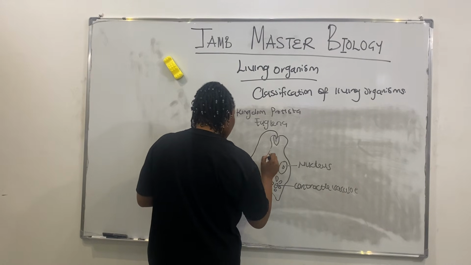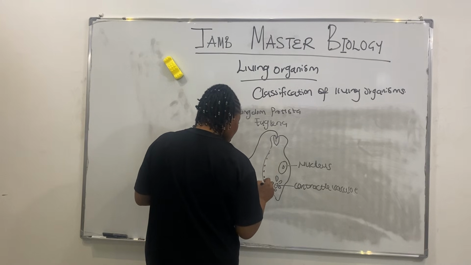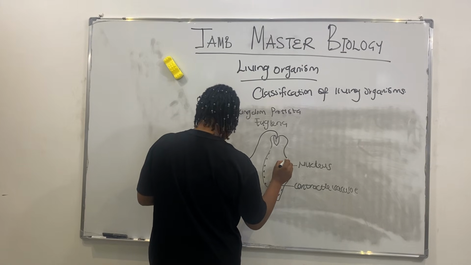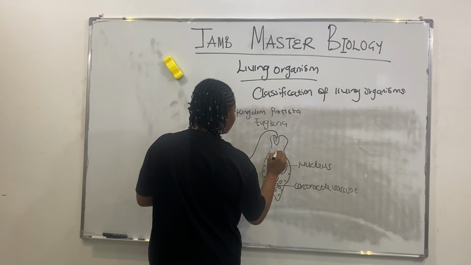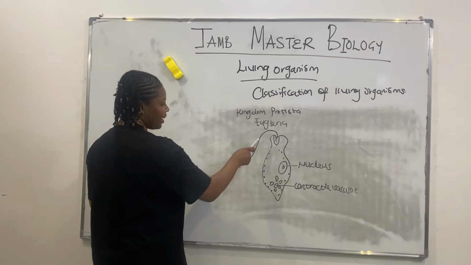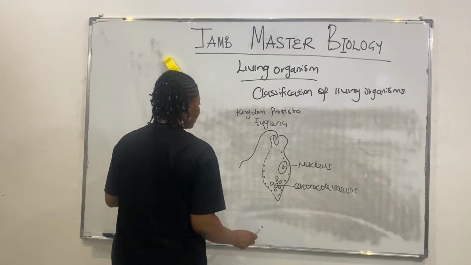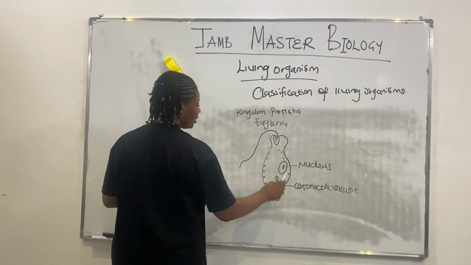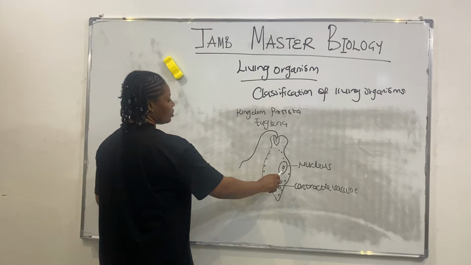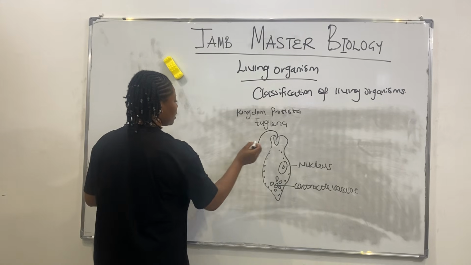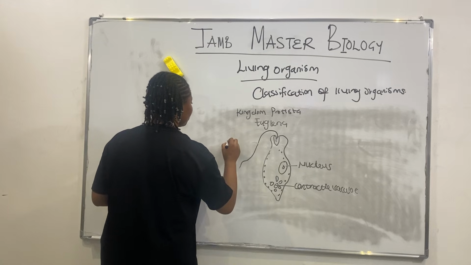Then there are others. I want you to have this, because you know JAMB does something. They can give you a diagram like this and tell you to recognize the label. They can say this is I, this is I, and ask you what this part of the euglena is called. That's why I want to give you the diagram, so that you will know.